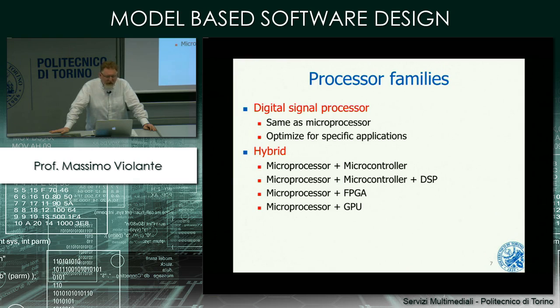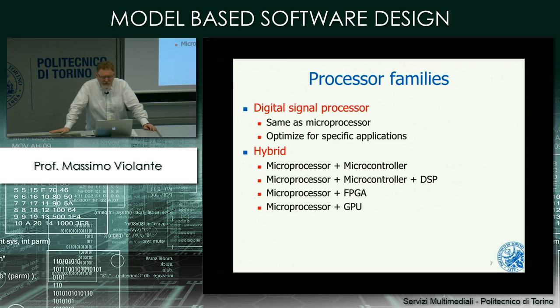Last but not least, we have the hybrid. The hybrid is something that is based, as I said, on combining together elements out of the other families. So we could have microprocessor plus microcontroller, microprocessor plus microcontroller plus DSP, microprocessor plus FPGAs, microprocessor plus GPU.